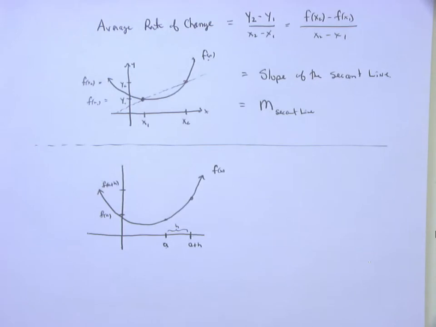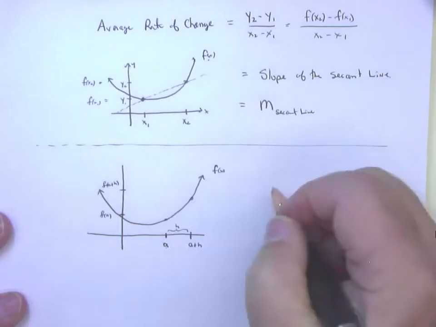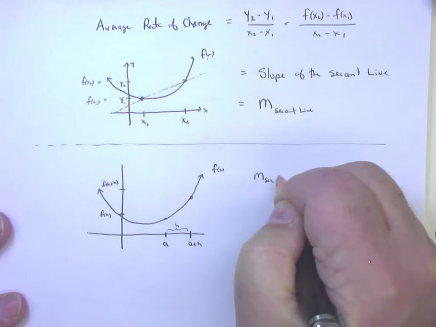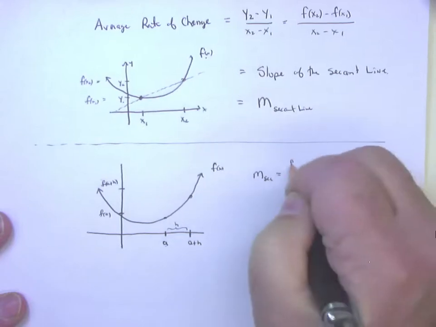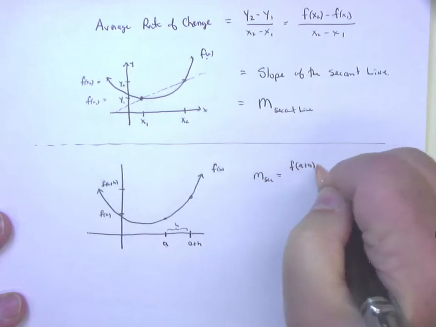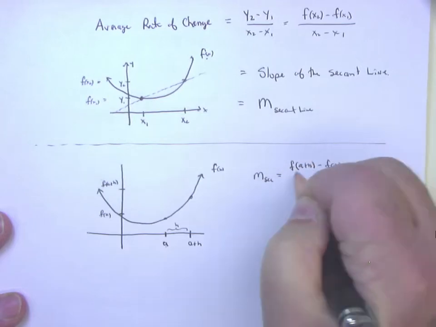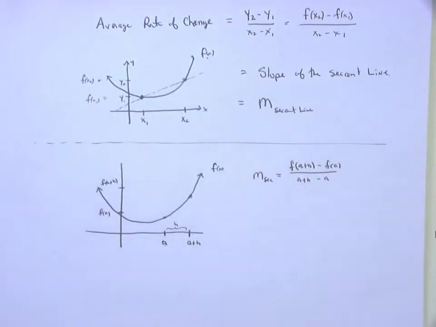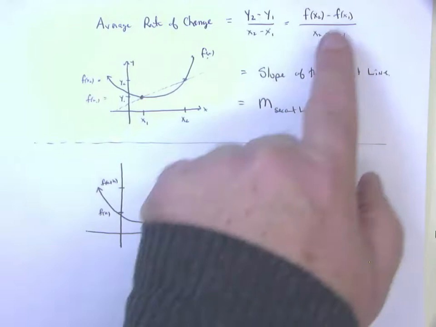All right? Now, what we're going to do here is find the slope of the secant line between these two guys, the average rate of change between these two guys. And so the slope of this secant line between these two guys is going to be what? So this will be that slope of the secant line, slope secant here. And that's going to be, your y coordinates here, f of A plus h minus f of A divided by A plus h minus A. Change in y over the change in x. I'm using the exact same formula here.